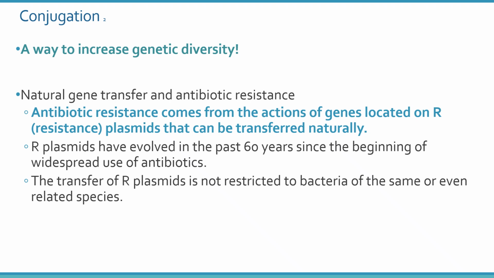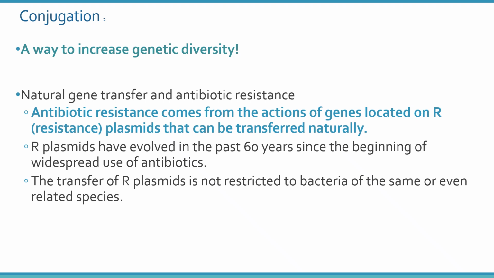Keep in mind that these cells may also be acquiring new information through mutation, but this is the only way that they're going to get full-blown new genes, especially genes that are advantageous, as opposed to slow evolution of genes in a particular organism. So conjugation is a natural way that genes are transferred. One common example is antibiotic resistance.